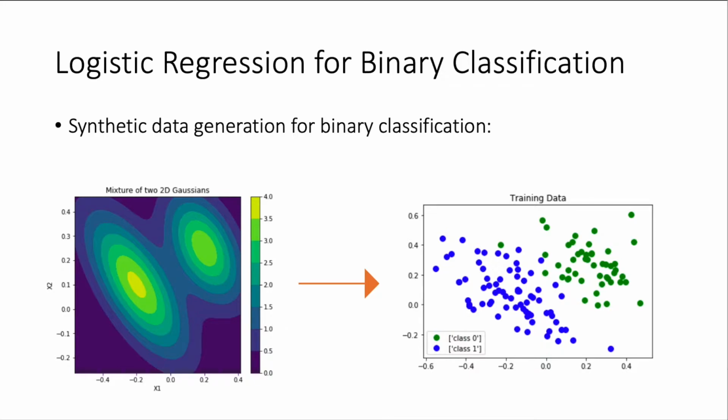So for example, if we have a mixture of two Gaussian distributions, one component is going to be in charge of the generation of the data belonging to class 1, and the second component is going to be in charge of the generation of class 0 data.